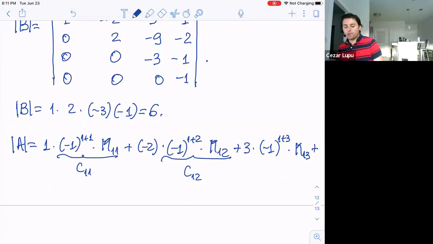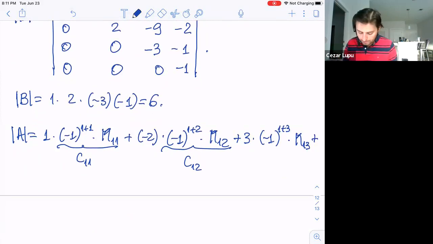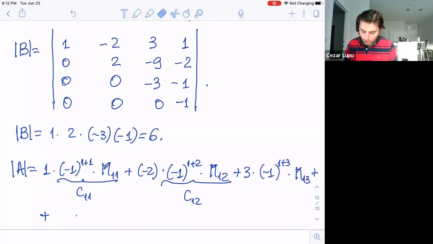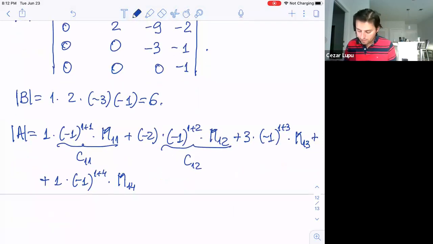And guess what? The last one will be, wait, no, it's 1, I'm sorry, plus 1 times negative 1 to the power 1 plus 4 times M14. So these are the minors, right? And by the way, this is the cofactor C13, and this is the cofactor C14.